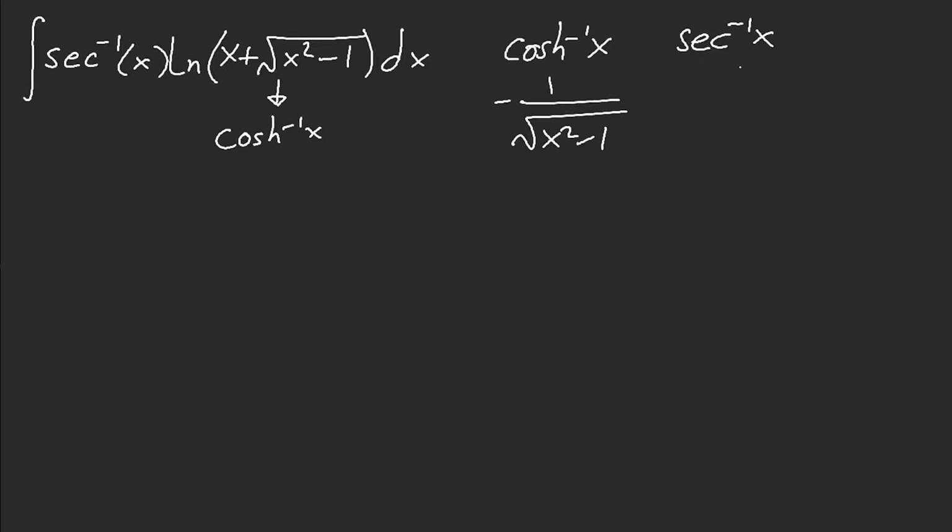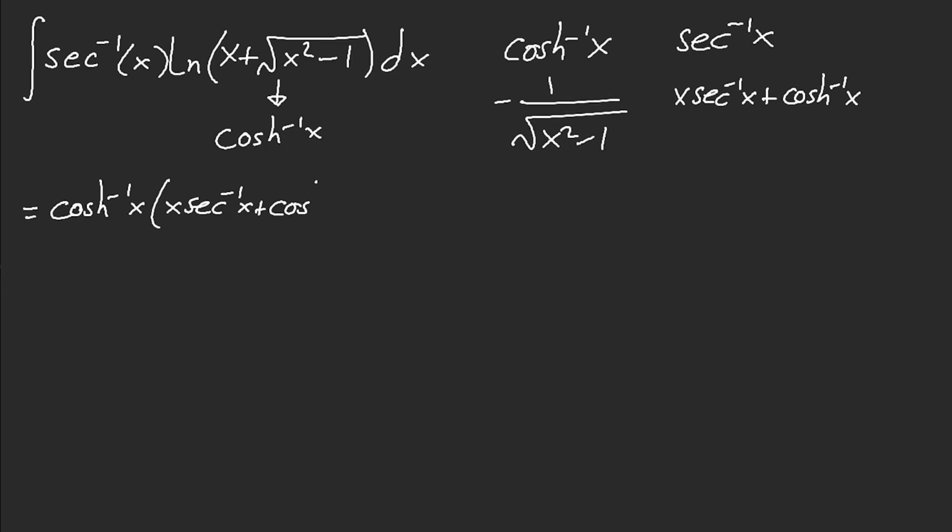Okay. So, inverse secant plus inverse cosh. Awesome. So now we have inverse cosh all multiplied by this.